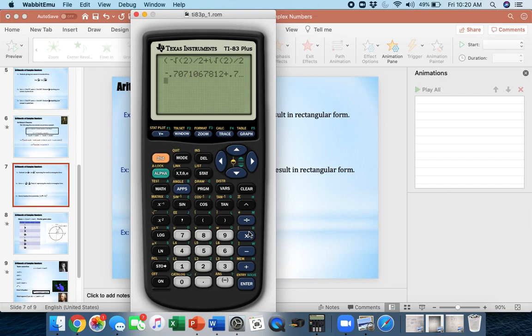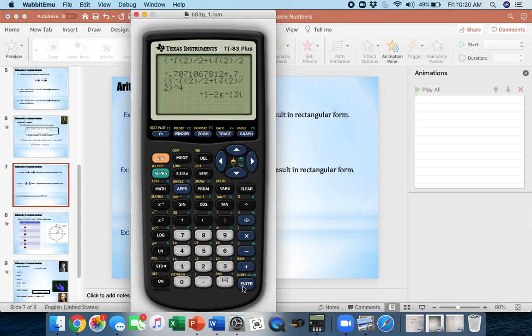I forgot to raise that to the 4th power. Negative 1 minus 0i.